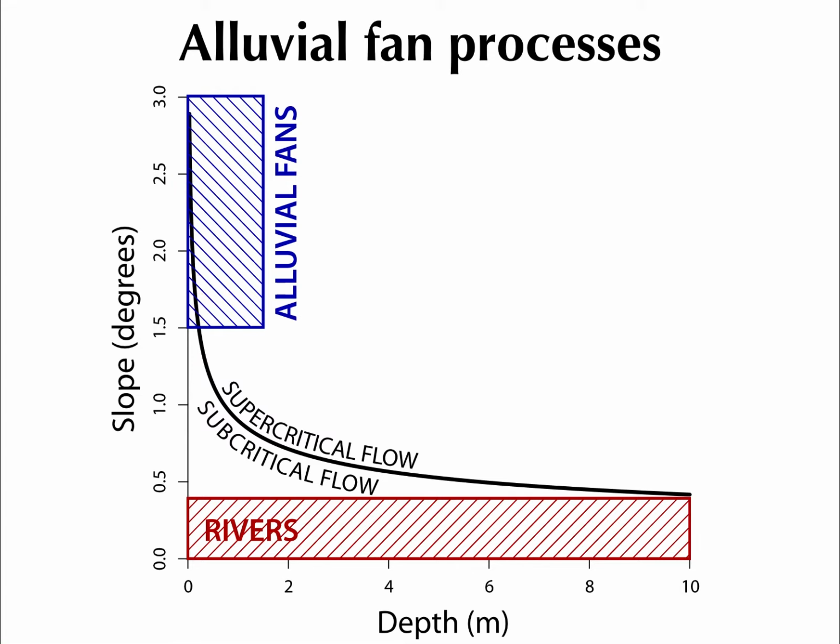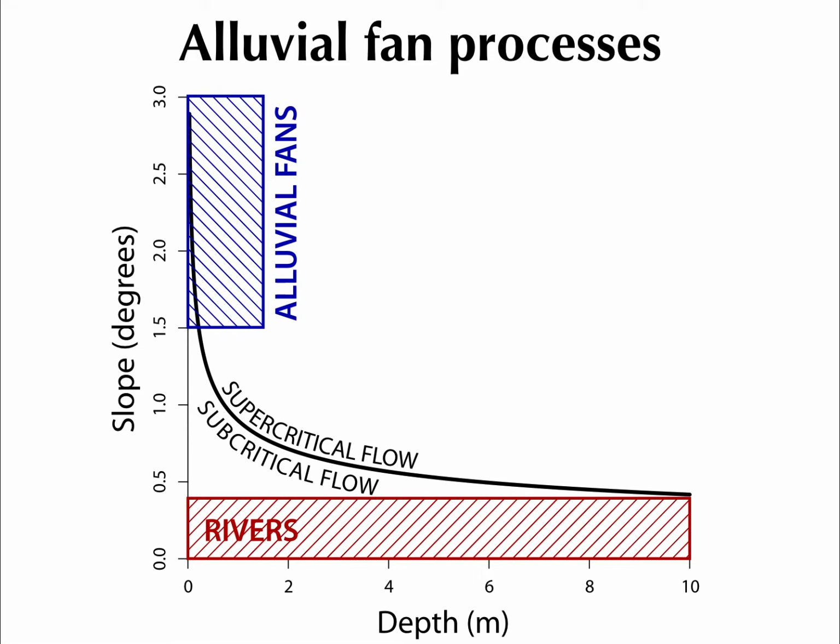And if you plot where most alluvial fans lie in terms of flow depth and slope, they would lie in this box, and that box would continue all the way up to about 24 degrees of slope. And most of this box lies in the supercritical flow field, and this is basically just a plot showing you that most fan flows are rapid or supercritical.